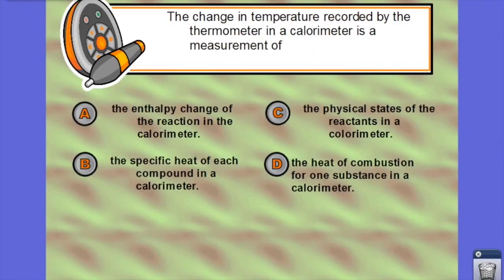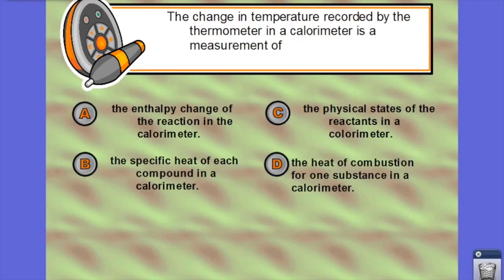Okay, just multiple choice. Tell me what you think is the answer. The change in temperature recorded by a thermometer in a calorimeter is a measurement of what? Think of the virtual lab. If water has a very high specific heat, therefore the change in temperature will be low.